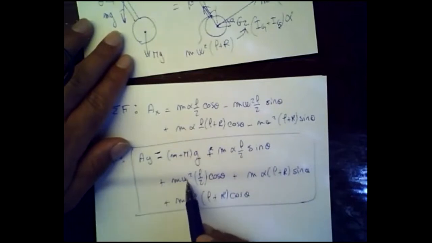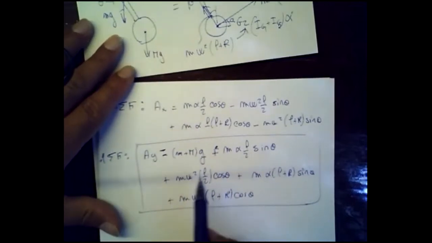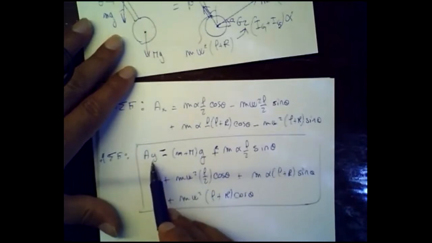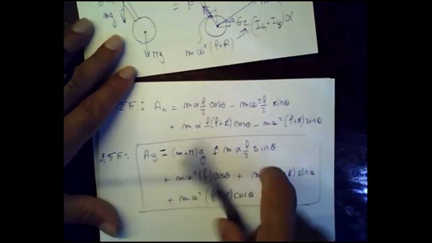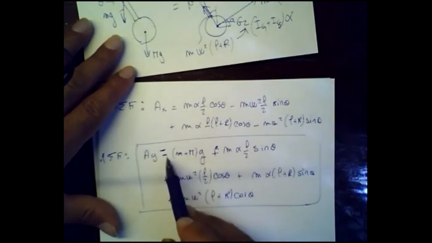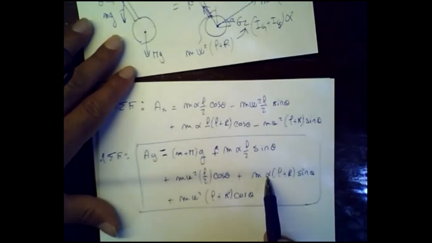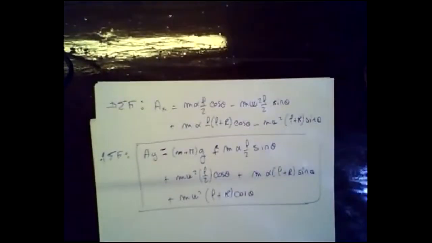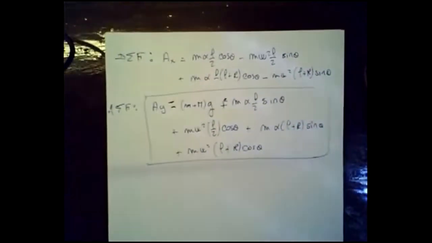What happens if the centrifugal acceleration or the velocity increases? As expected, AY is going to increase. If you increase the angular velocity of the swinging, then AY is going to increase. Again, if alpha increases, you're going to have more AY. So AY will increase if you have more angular velocity.